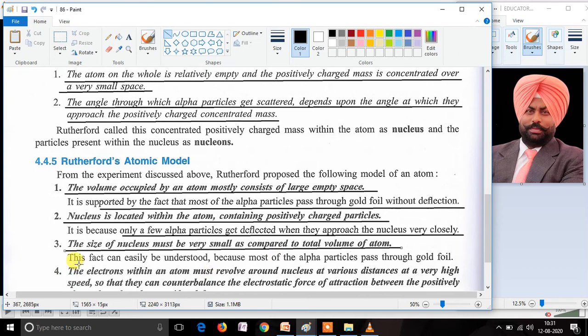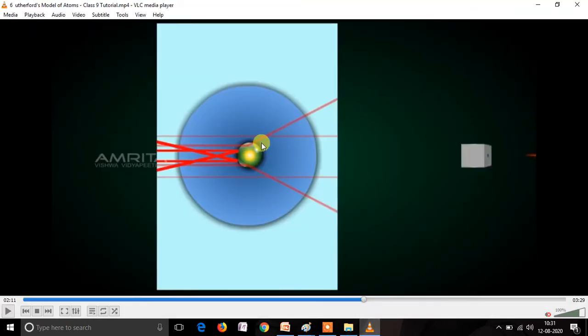This is supported by the fact that most of the alpha particles passed straight through the gold foil and very few got scattered and very few got reflected back. This shows that the positive mass inside the atom is of a small size, because of which only a few particles are scattered and reflected back.